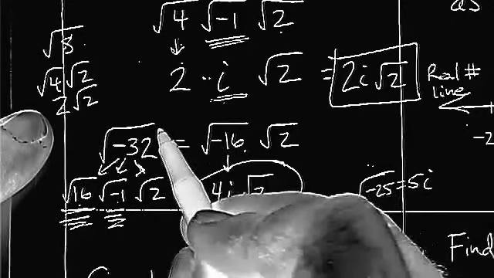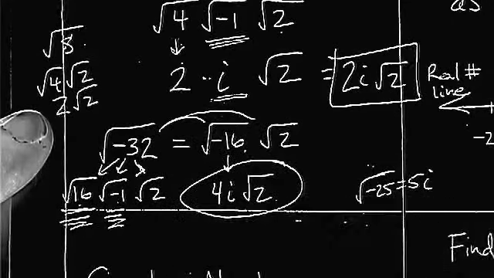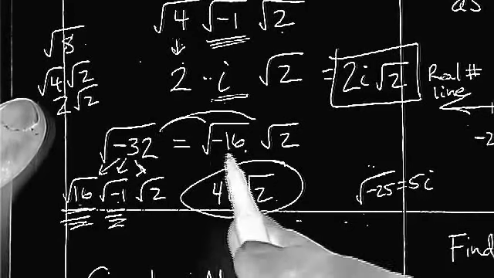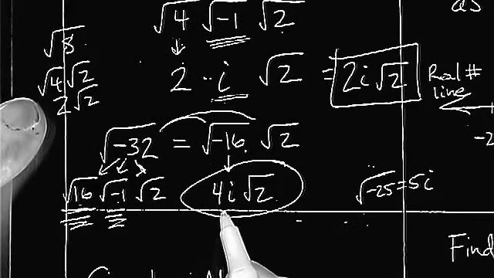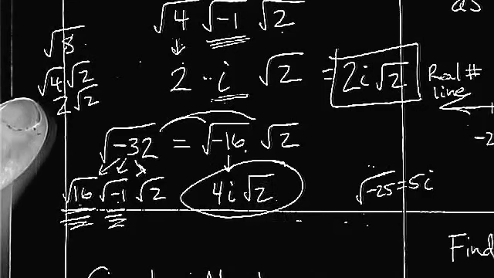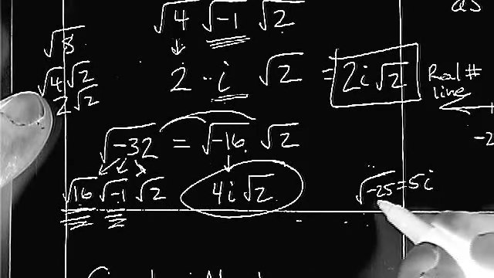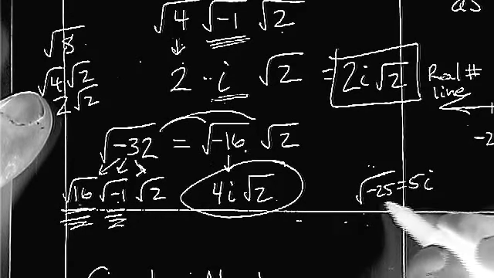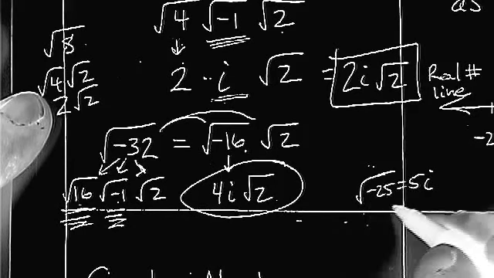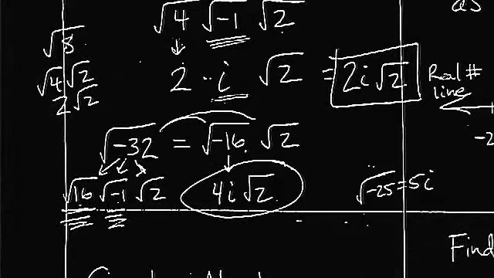So we could have split this apart into those two pieces, simplified this one to be 4i, and left the radical 2 alone. As I was saying, if you know that the square root of a negative perfect square is just 5i, like the square root of -25 is just 5i, then you could simply write that. You don't really need to split it apart into two things.